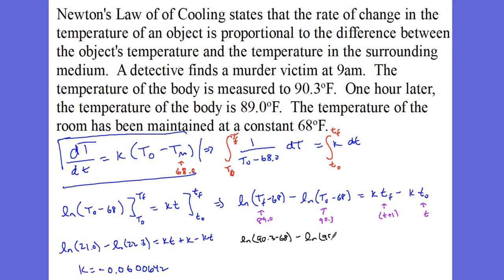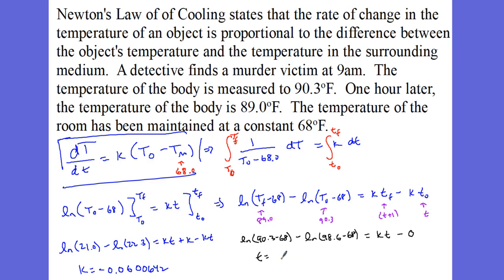Well, bodies are usually at 98.6, that's when they're living. Equals k times t final minus k times t initial, and the time initial was time 0. I know the k is negative 0.0600642, and I want to know the time at which that dude died.